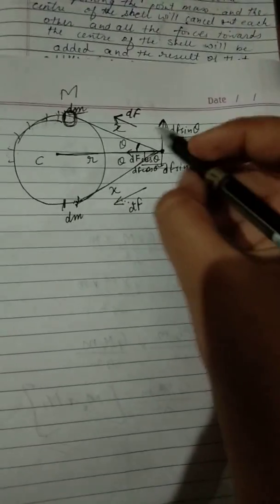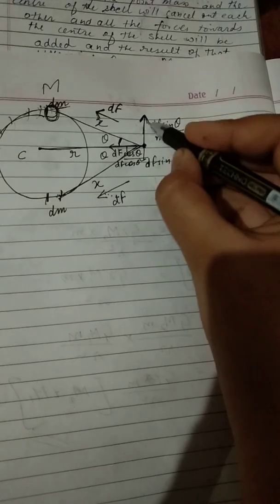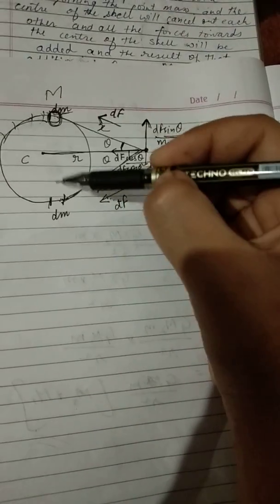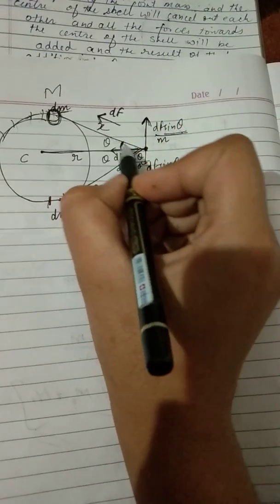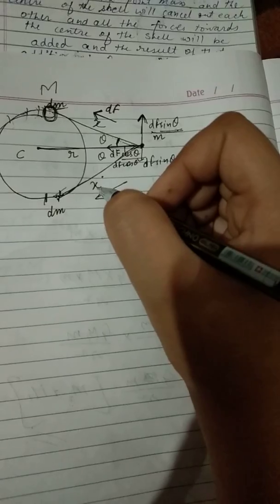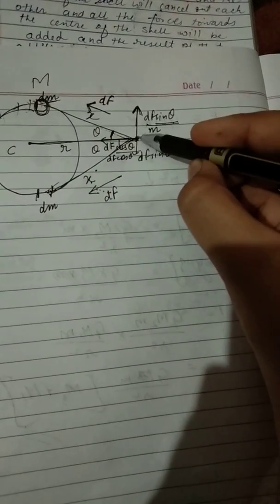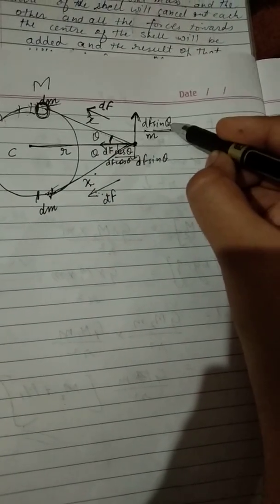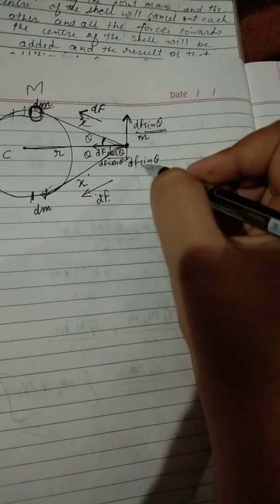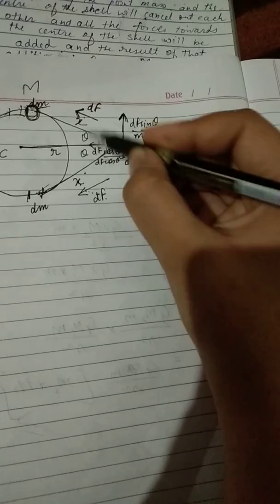Now ये आप देखेंगे that for every point and a point opposite to it, the distance between them is going to be x. The component df sin theta of this force and the component df sin theta of this force will be equal in magnitude, just because the distance is equal.